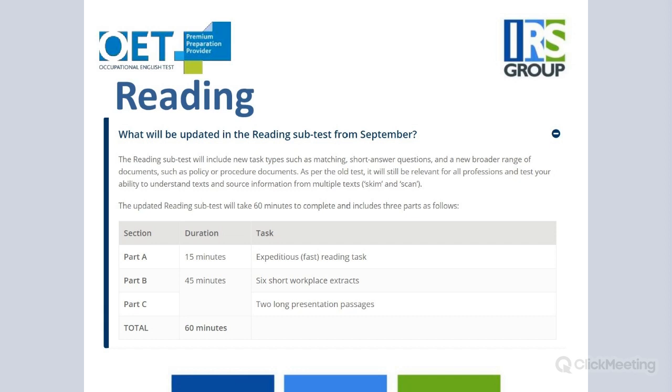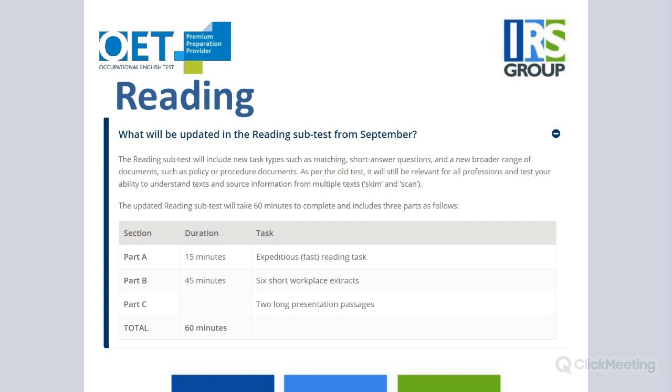As I said, your total reading module timing is 60 minutes, that is 1 hour. But from that 1 hour, the first 15 minutes is for part A. Once the part A booklet is taken out by the examiner, you will not be able to do any corrections on it.